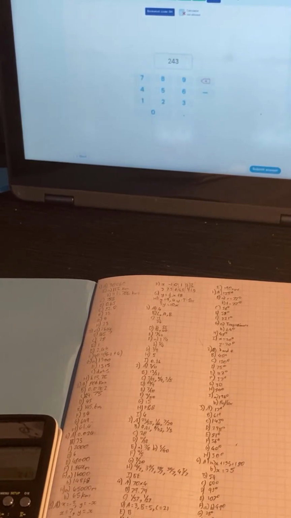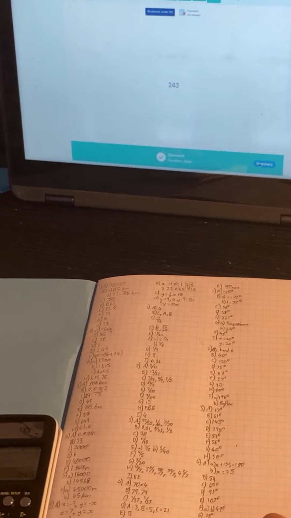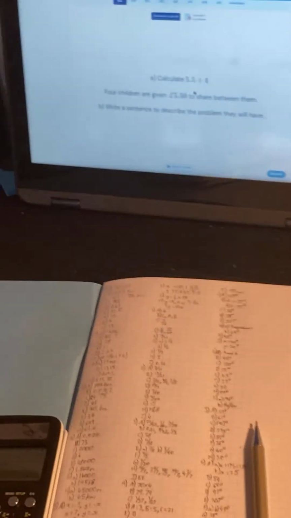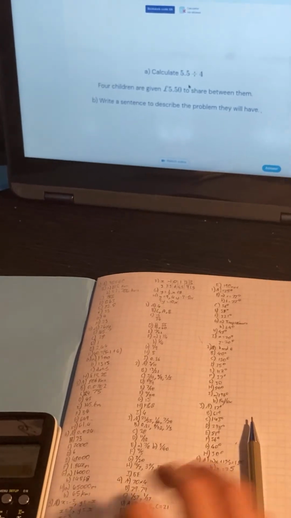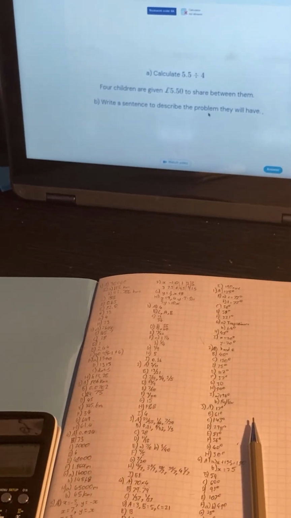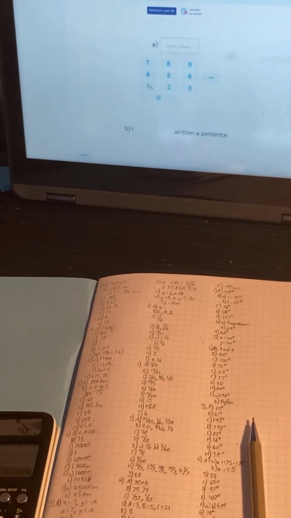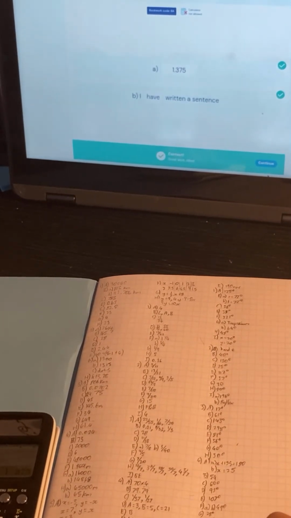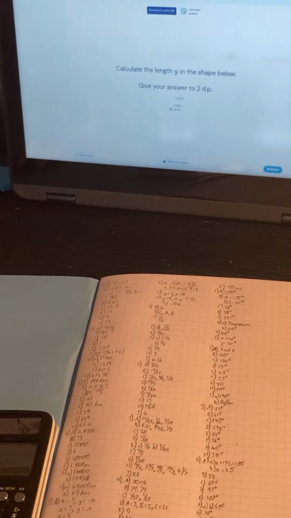It's 243. 243. 6A. 5.5 divided by 4. 1.375. I have written a sentence. A. 1375. B, big B, not small b, haha.